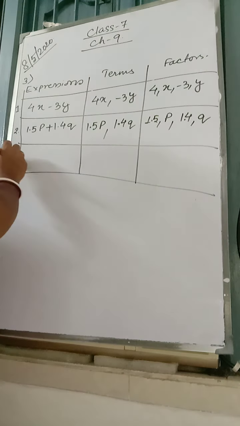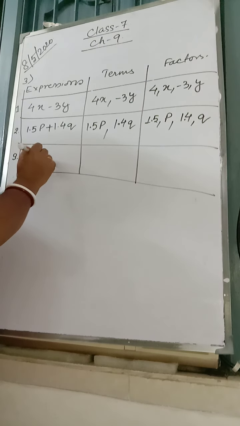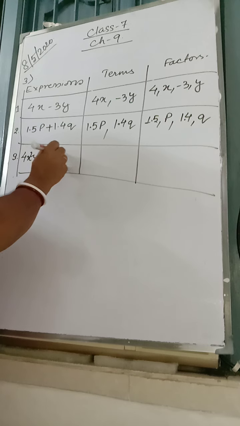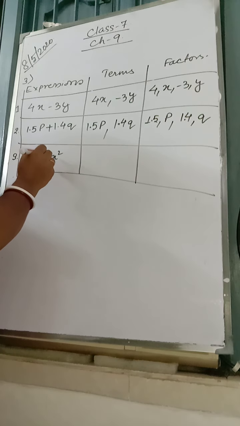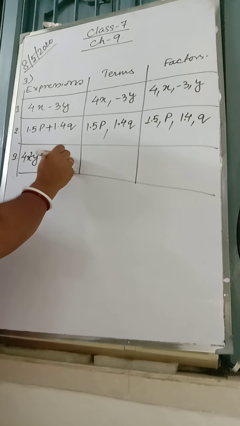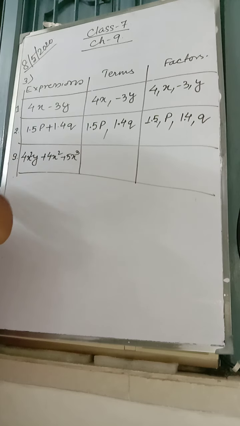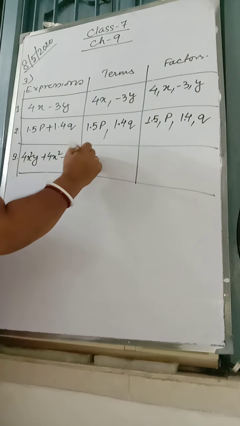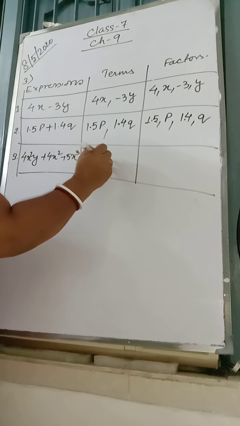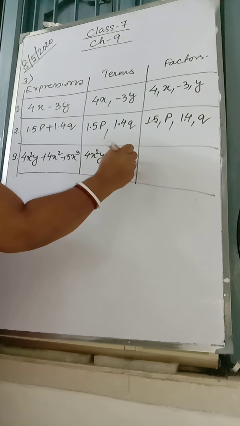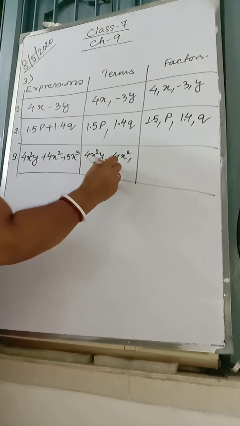Now look at the last one. It is 4x square y plus 4x square and plus 5x cube. Clear? Now the terms we have are 4x square y, comma, 4x square, and comma, 5x cube.